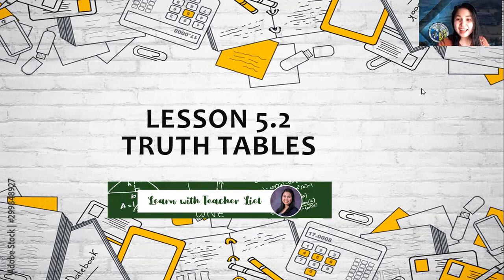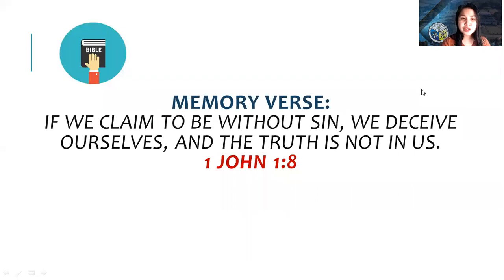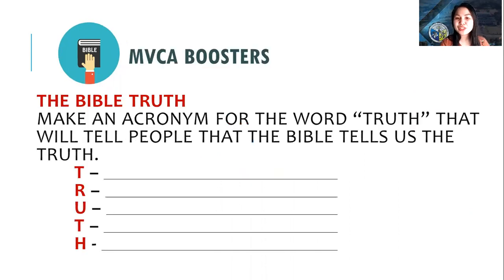To start, let us recite today's memory verse found in 1 John 1 verse 9. Our keyword is truth. If we claim to be without sin, we deceive ourselves and the truth is not in us. Your invisibility booster is to make an acronym for the word truth that will tell people that the Bible tells us the truth.